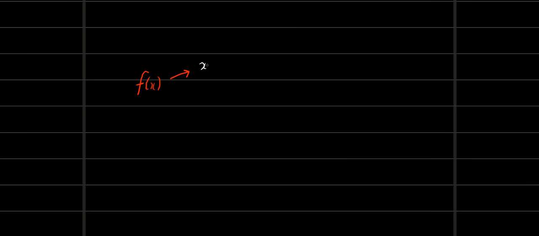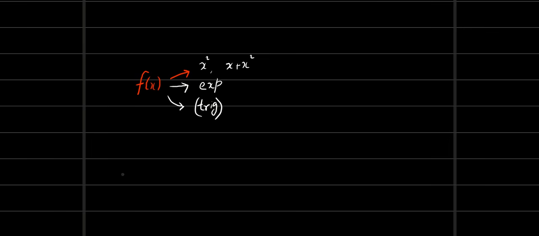Let's say x square, x plus x square, etc. Another option is they might give you exponential functions. And a third option, they might give you trigonometric functions like sine and cos, or functions which come mixed up with sine and cos.